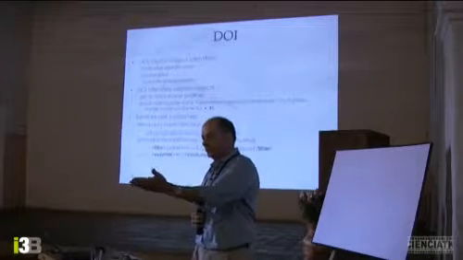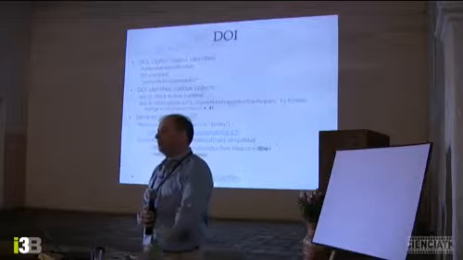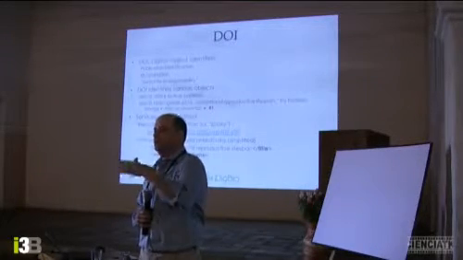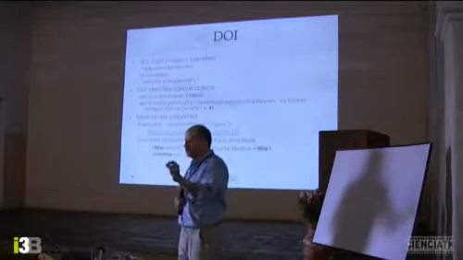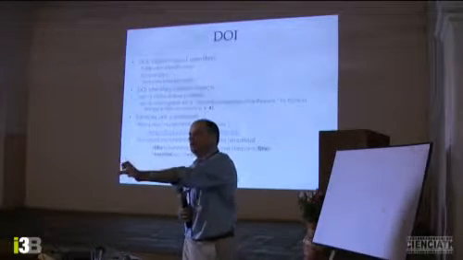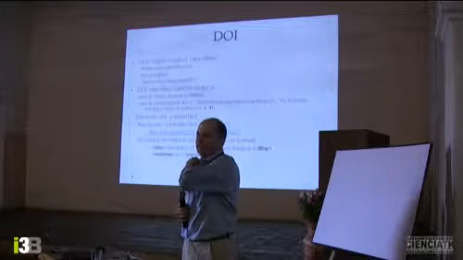So if you publish an article in a journal, that article gets a DOI, and if you put the DOI into a browser in the right form, you get back the web page for the journal. So resolution is very important. You can give this thing to a web service and it can tell you something about it.